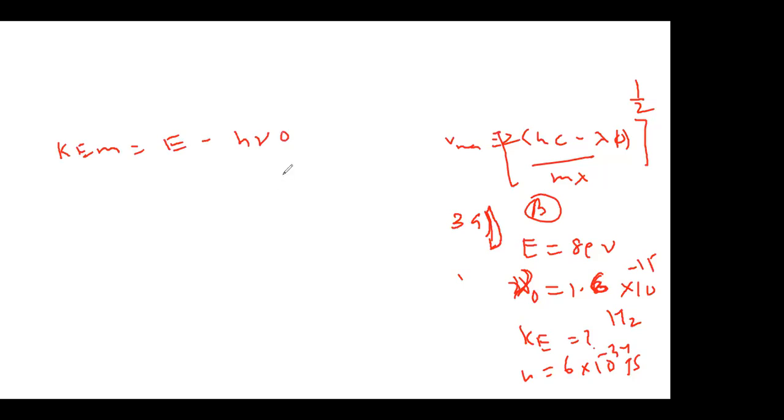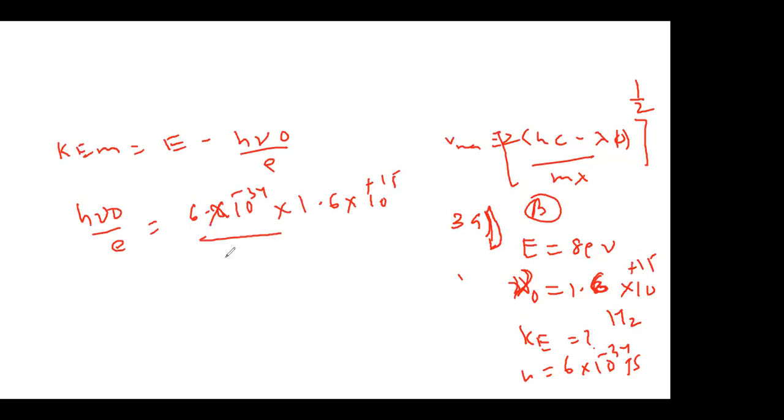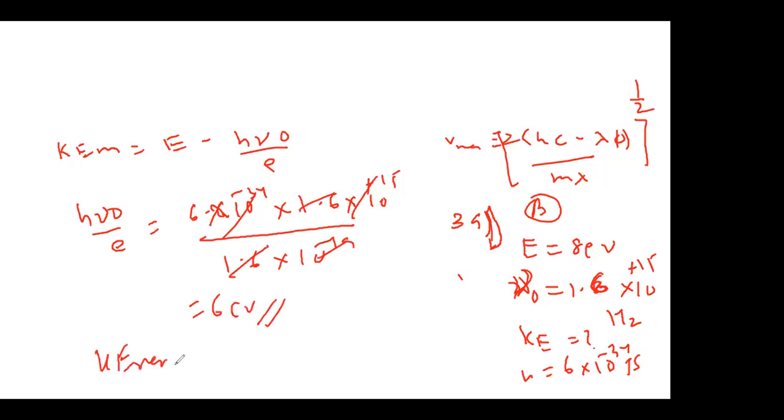If I divide by e, it will become in electron volt. So h nu naught upon e is 6 into 10 raised to minus 34 into 1.6 into 10 raised to 15, upon 1.6 into 10 raised to minus 19. Minus 34 plus 15 is minus 19. So this is 6 electron volt. Therefore, K max is 8 minus 6, that is 2 electron volt. Option B.